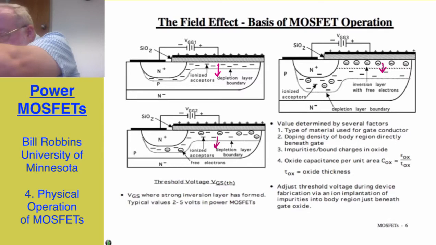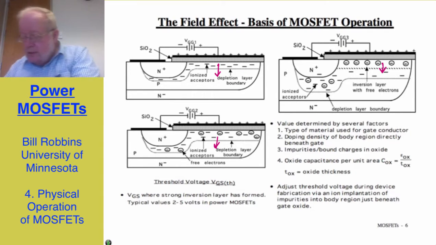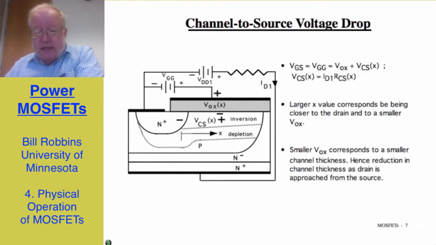Now, so far I've been describing the operation without considering any flow of current. We go to the next slide, and we begin to have to take that into account. What I'm showing now is the cross-section of a single unit cell, and I'm now applying a drain to source voltage through a resistor. So now drain current is beginning to flow.